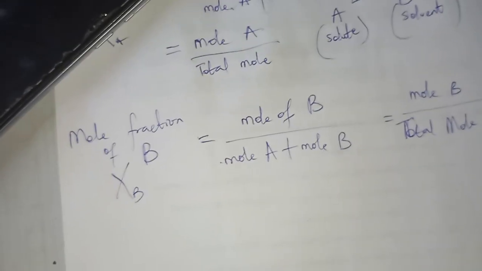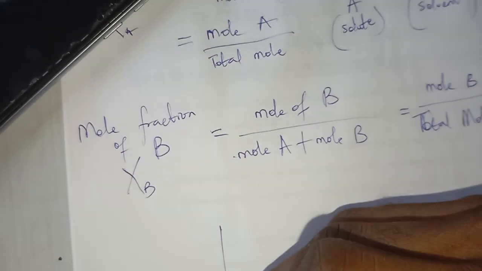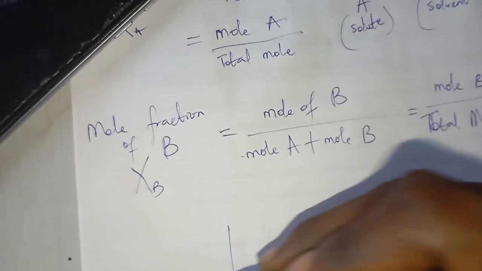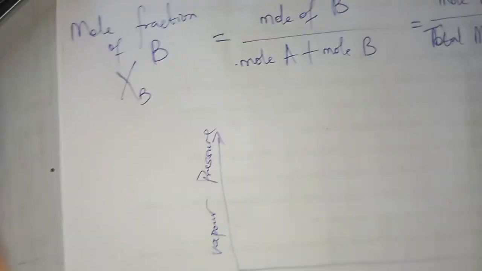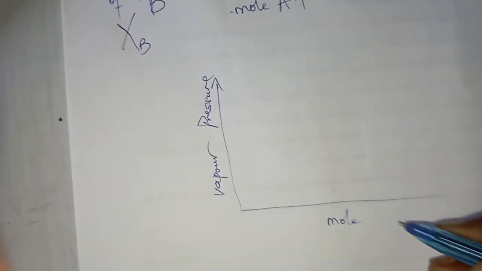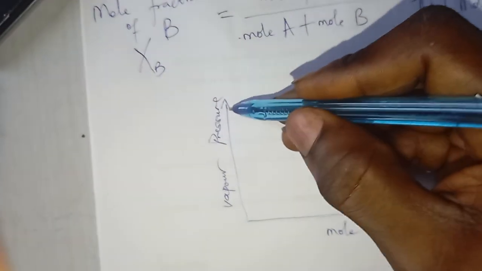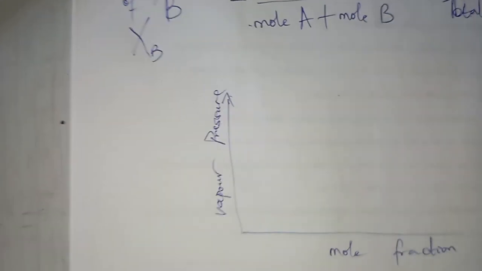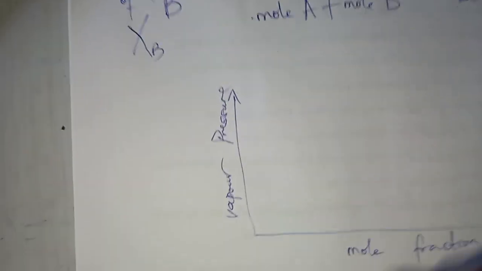Also, in some cases you can be given to plot a graph of vapor pressure against mole fraction. So the idea of this is that, remember that Raoult's law first says that as vapor pressure is increasing, mole fraction should be increasing.